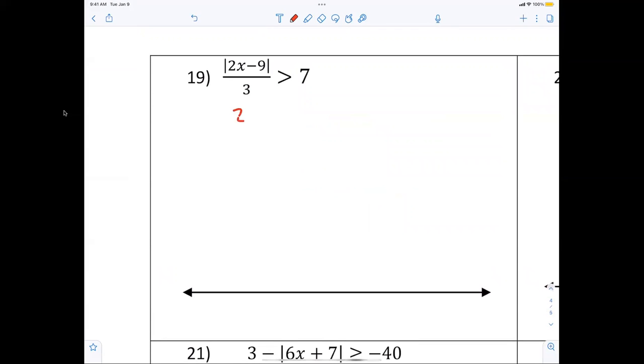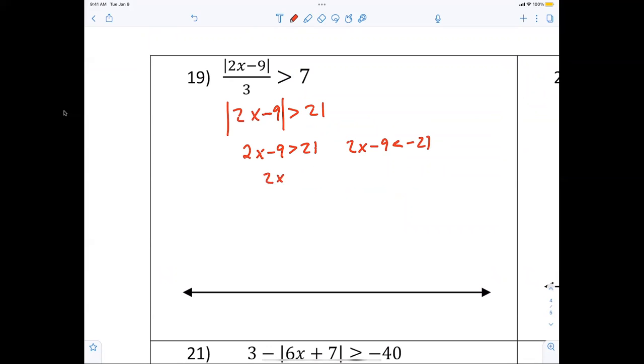Multiply by 3. So I'm having 2x minus 9 is greater than what? 21. Now we write it twice. We got 2x minus 9 is greater than 21. 2x minus 9 is less than negative 21.